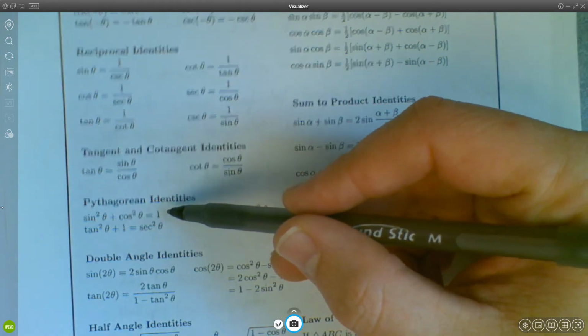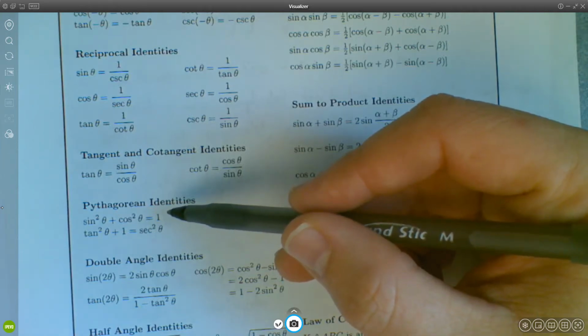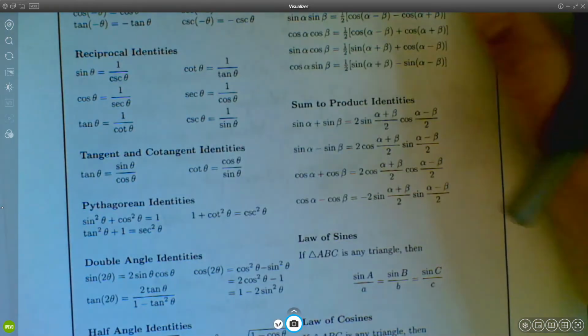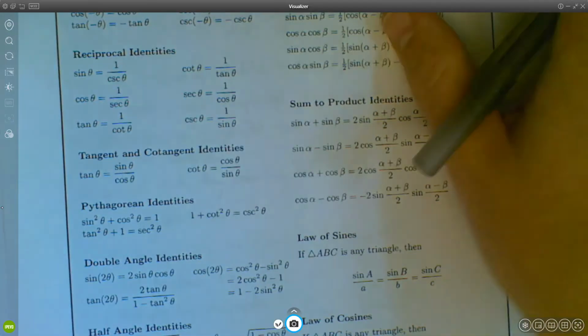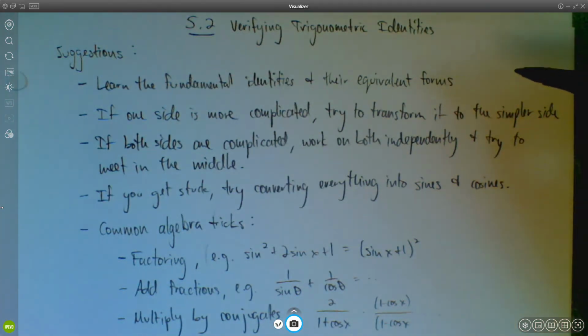You should have that memorized, but you should also realize that anytime you see something like 1 minus sine squared, you should automatically think in your mind, oh, I can replace that with a cosine squared, right? So don't just have these identities memorized, but also have their equivalent forms in mind.